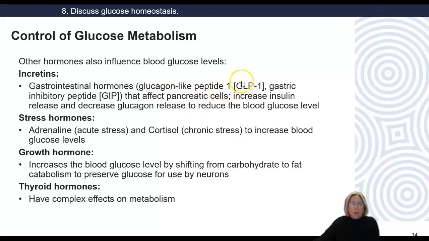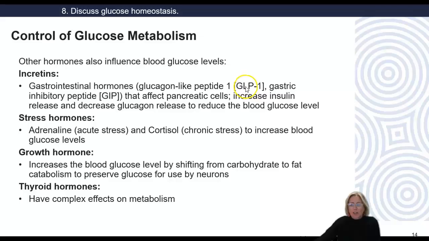Now, GLP-1, you may have heard of a drug called Ozempic or semaglutide, and that is one of these GLP-1 agonists, okay? So what does that mean? It means it's a drug that has the same effect as this endogenous GLP-1.